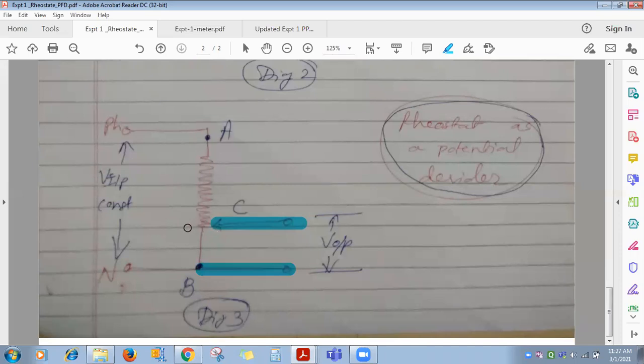Now consider this variable point is at position O. If you observe on the output side, across C and B, or across O and B, no turns are there.